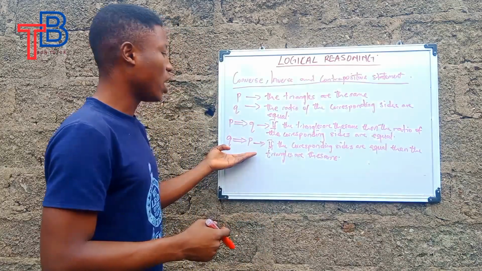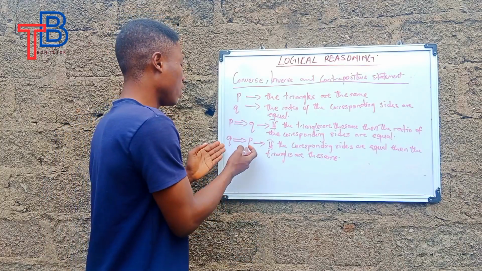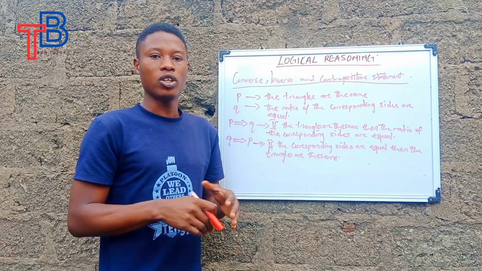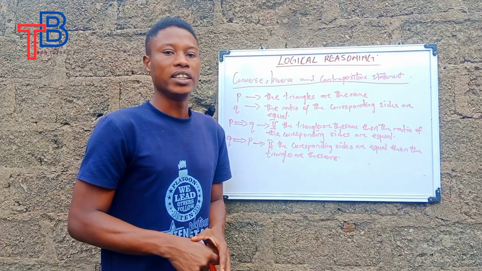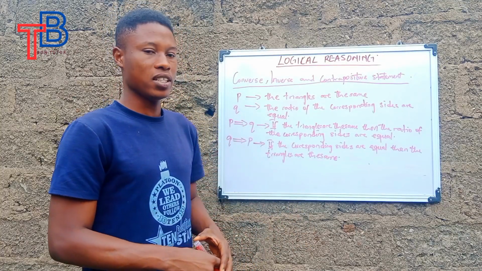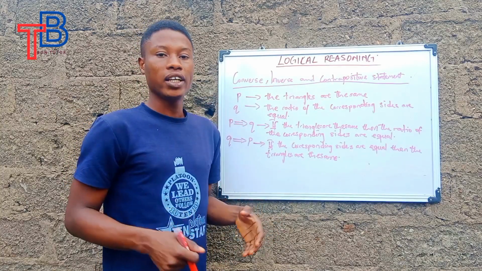The second one is called a converse statement, whereby you convert the first statement to be the second statement, interchanging them between each other. If you check the two statements, it is still saying the same thing, even though we just rearranged them.